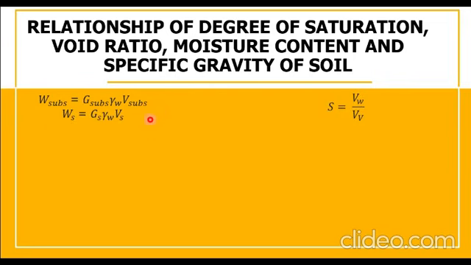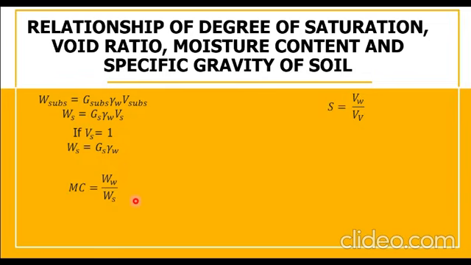And then the weight of soil is equal to specific gravity of soil multiplied by the unit weight of water multiplied by the volume of soil. If we assume that the volume of soil solids is equal to 1, the weight of soil solids will be the specific gravity multiplied by the unit weight of water only.